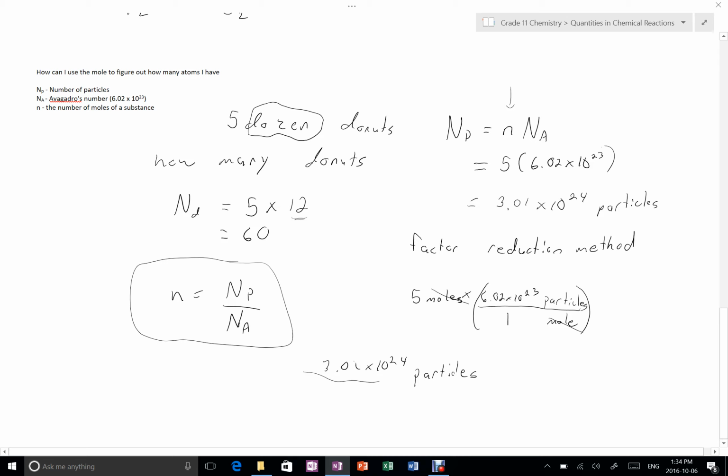They're just two ways of thinking about the same thing. We can think about them the way that we did with donuts and come up with an equation and use that equation. Or we can think of moles as just a unit for the number of particles, and then we can convert to the number of particles, just like we might do if we had 5 kilometers and we wanted to convert into meters.